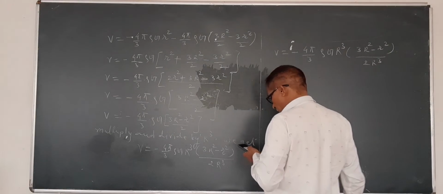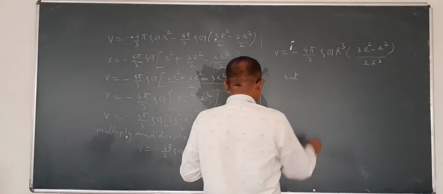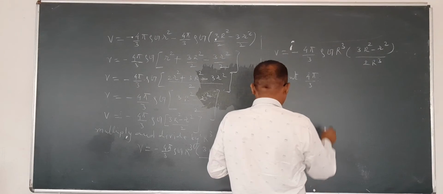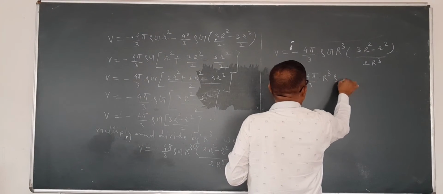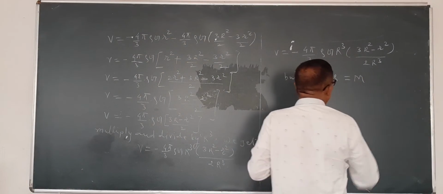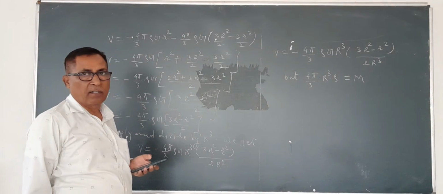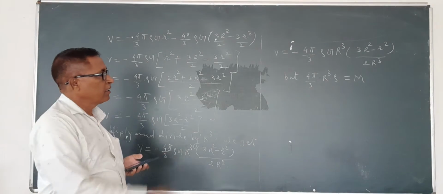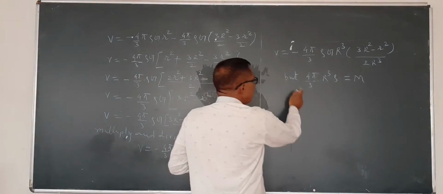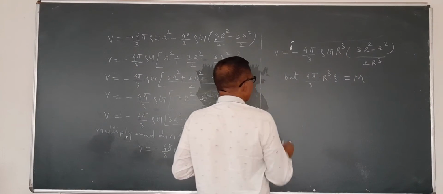Lastly, 4 pi by 3 r cube rho is nothing but the mass of the solid sphere, the mass that we previously considered for this sphere. With this formula, we get the mass of the solid sphere. Therefore, we put m in place of this.